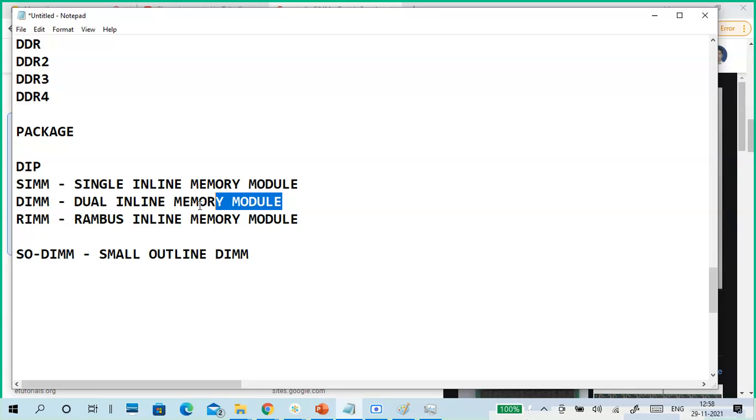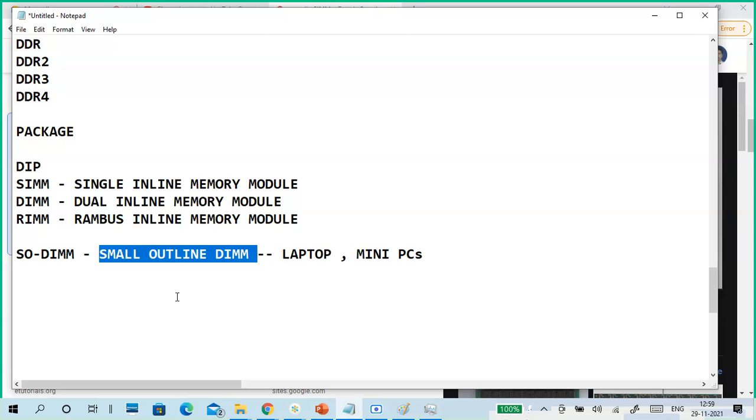It is the same dual inline memory module, but small outline. Small outline is used for laptops and some mini PCs. In some places we use these SODIMM packages.